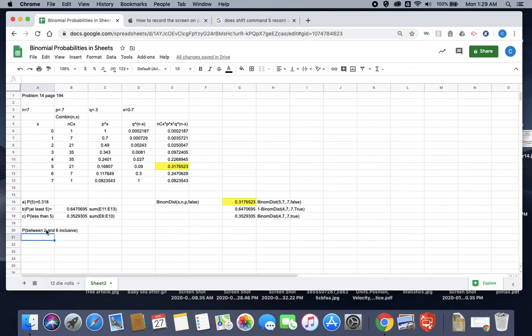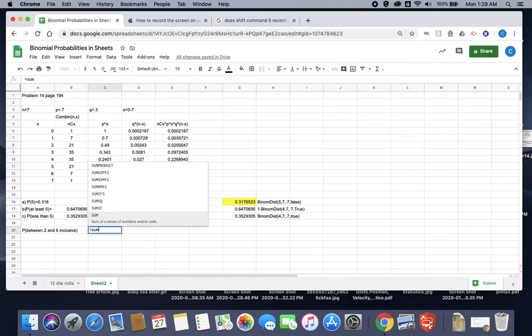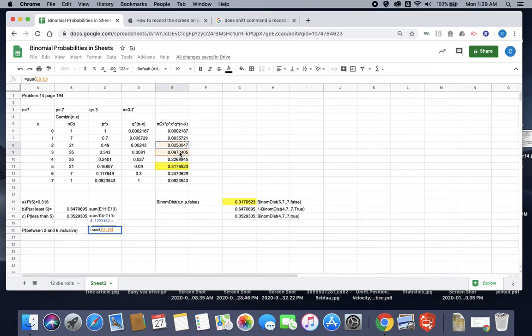So if we want the binomial between 2 and 6 inclusive, meaning we're looking for those 1, 2, 3, 4, 5 values added up, it's very easy to do that if we've created this whole chart, because we can just do the sum and highlight those 5 values.